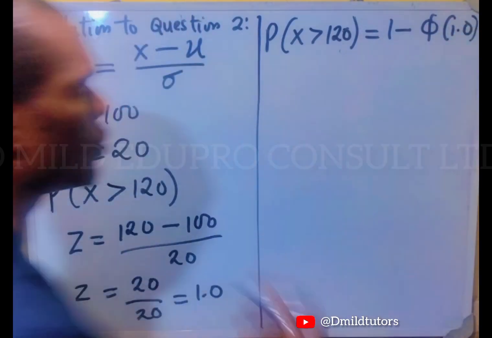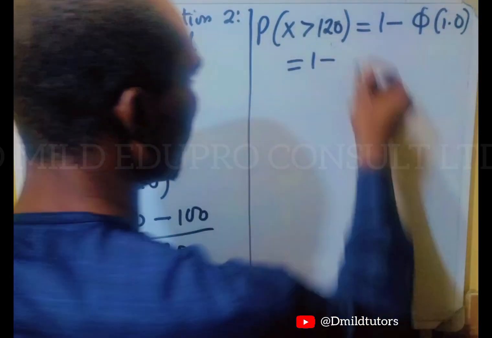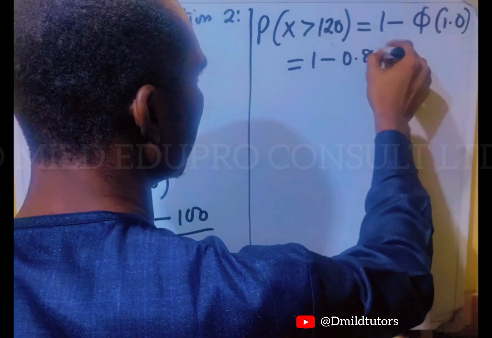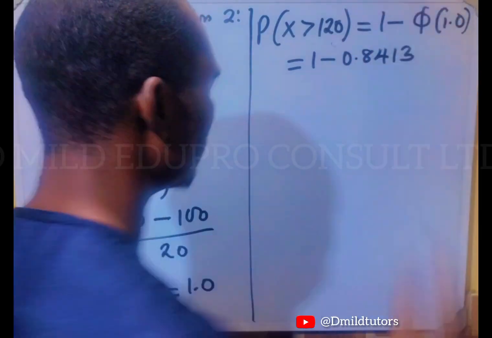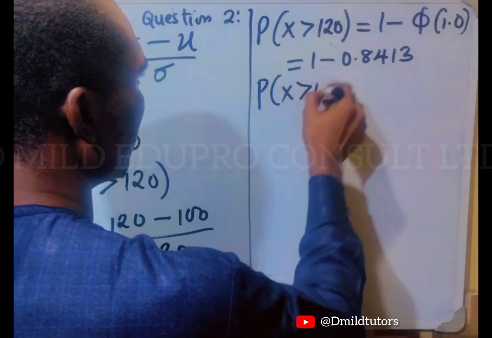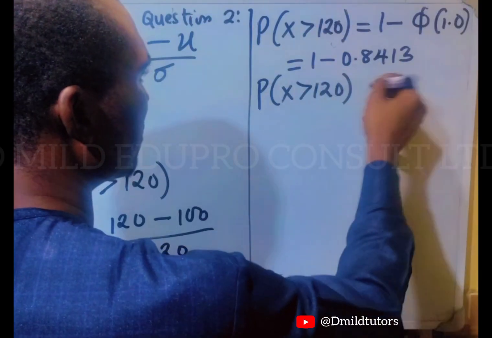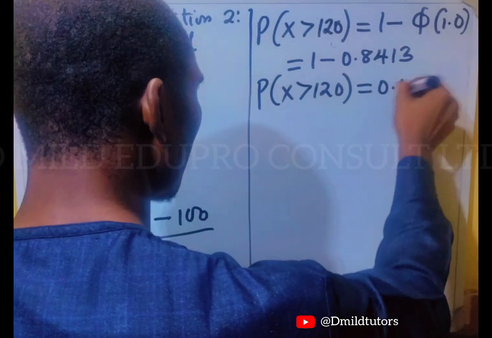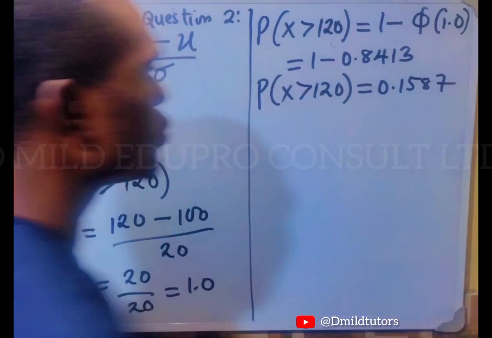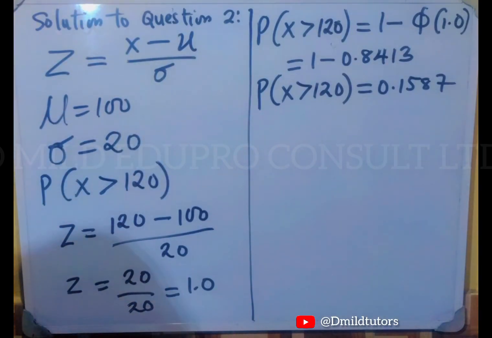So it is 1 minus 0.8413. If you do this subtraction, we are going to have 0.1587. So this is the value for x greater than 120.